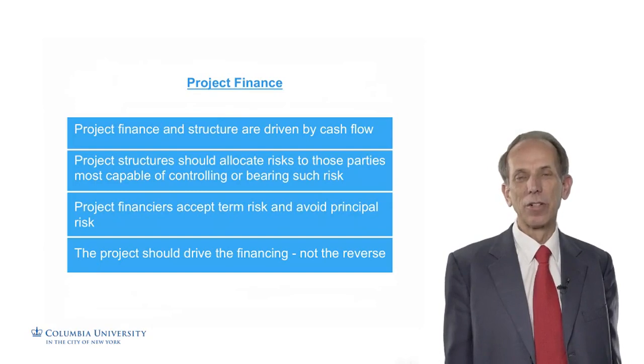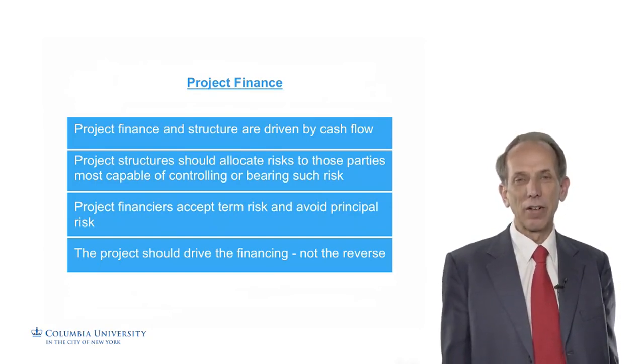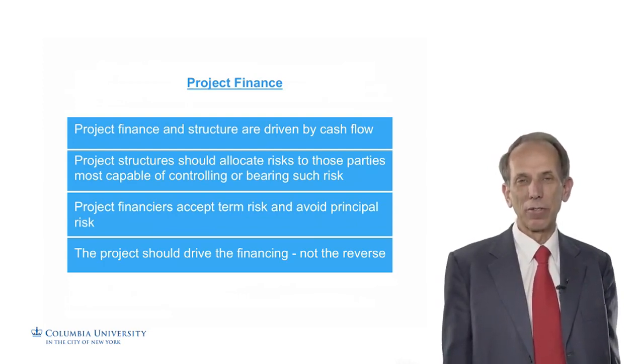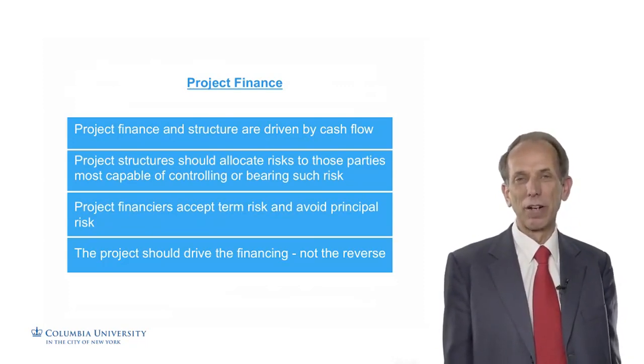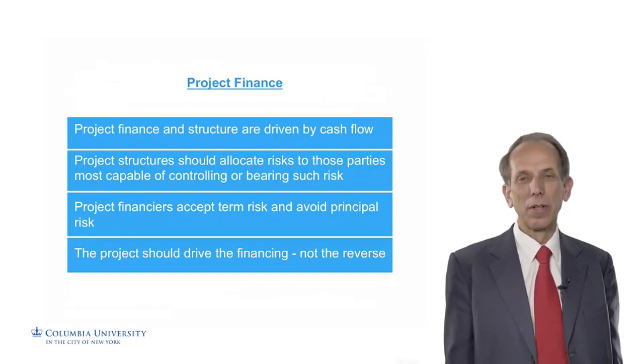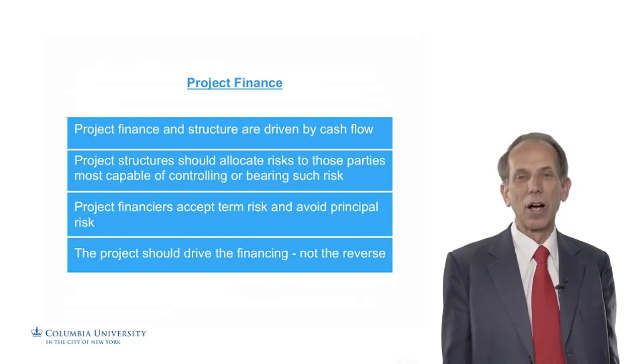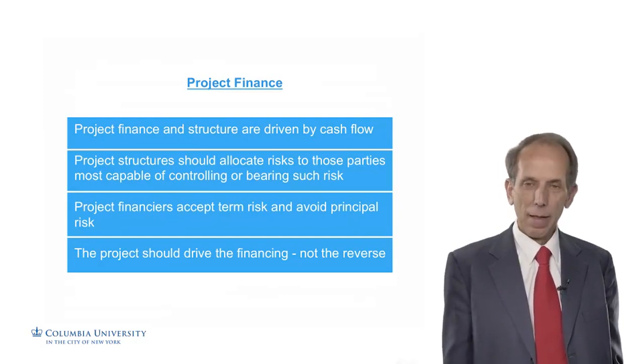Their equity returns will be driven by the copper price, and the debt holders will be looking for a fixed return and a reasonably constant return, whereas the copper mining sponsors will expect a very volatile return. So allocating the risks to those parties most capable of managing those risks is a key component.